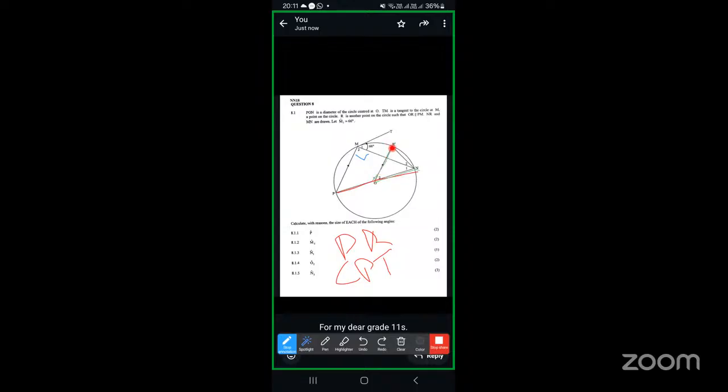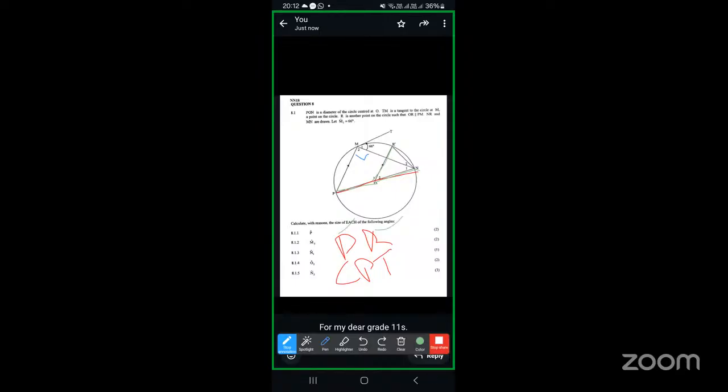This is the radius too, and this is also the radius. Therefore, this triangle is an isosceles triangle because this line is equal to this line. Then we are done with the diameter and the radius.